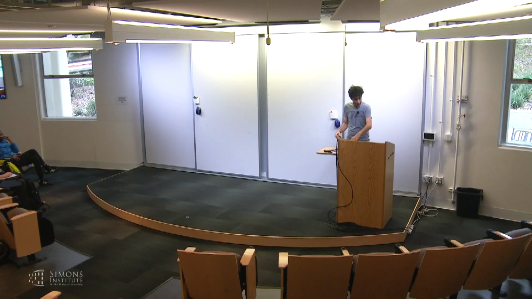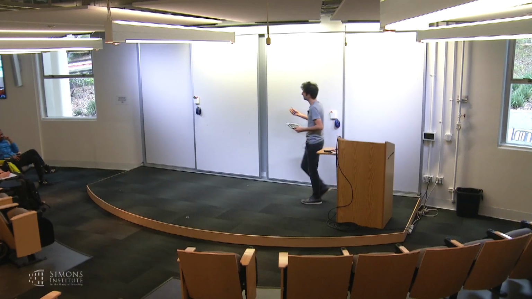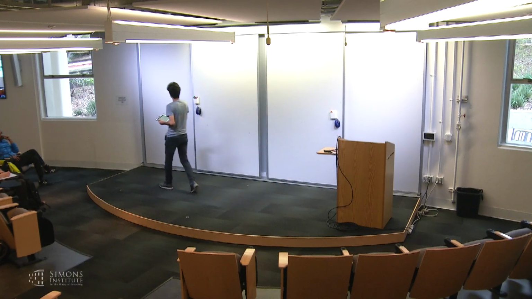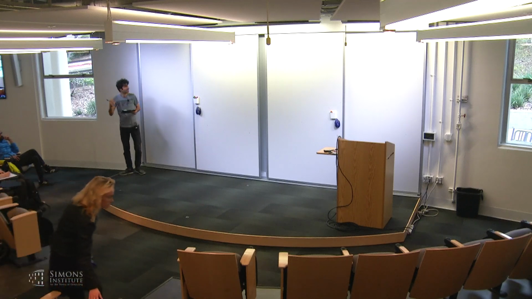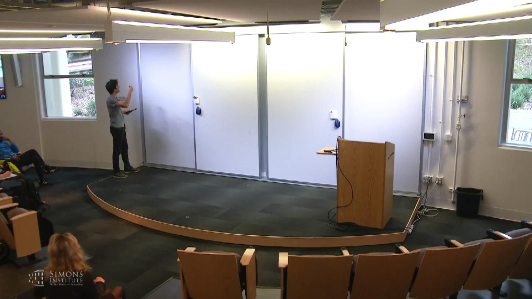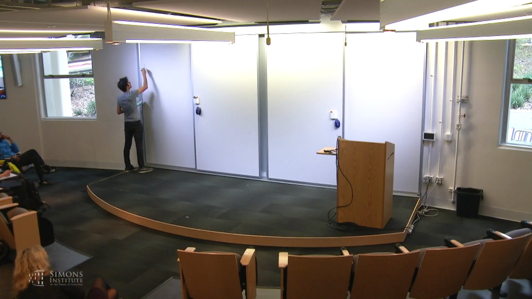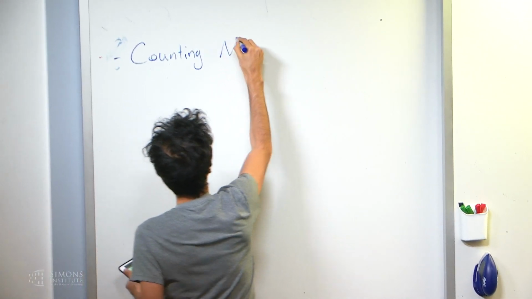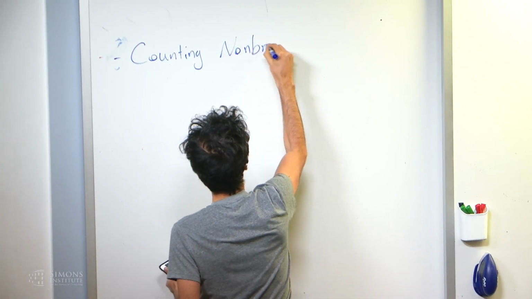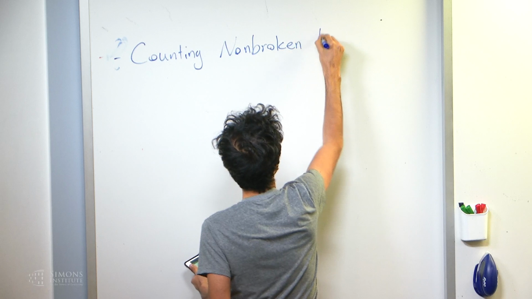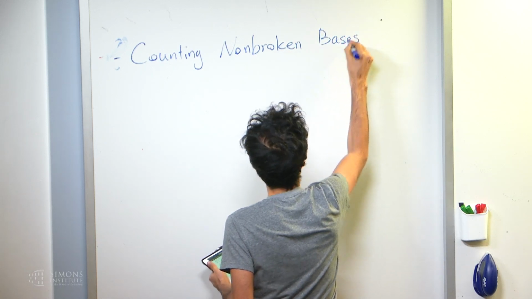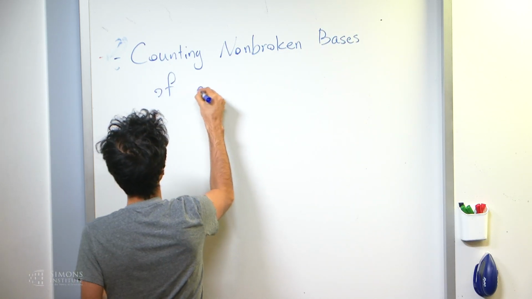Okay. So I wanted to maybe start, and anyone who is interested can follow up. I want to talk about the problem that I've been thinking about. It's a question of counting non-broken basis of a matroid.